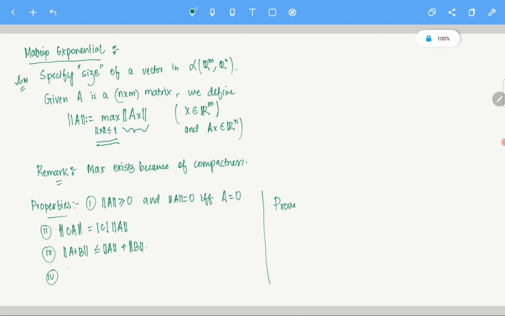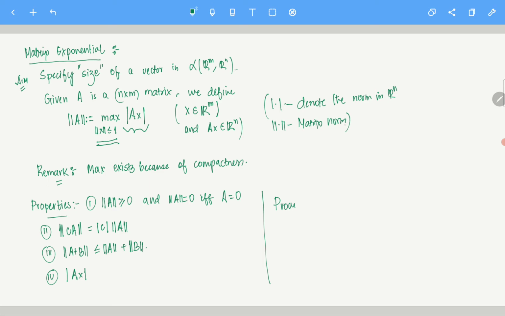Number four is norm of AX. One thing I can do here, and this will be better, is when I'm writing this, let me do it like this. This will denote the norm in Rn, and this will denote the matrix norm.